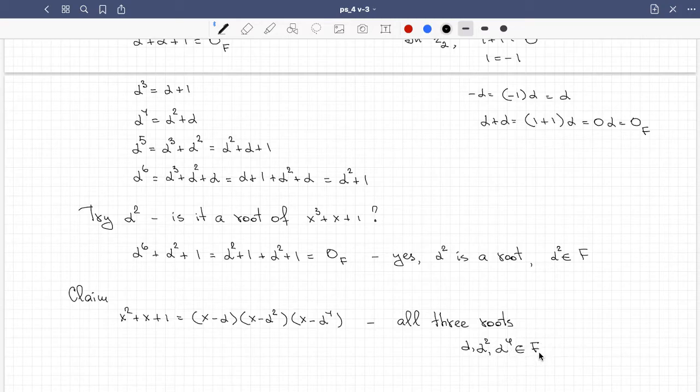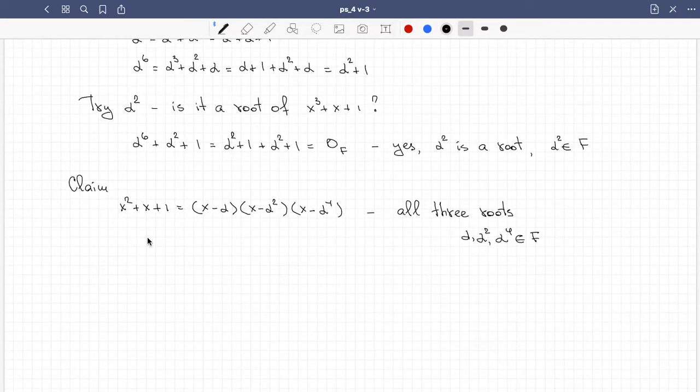As soon as this is a field which contains alpha, it must contain alpha squared, and it must contain alpha to the 4. So as soon as we justify this claim, we finish the exercise. We got all 3 roots, so this is going to be the answer.